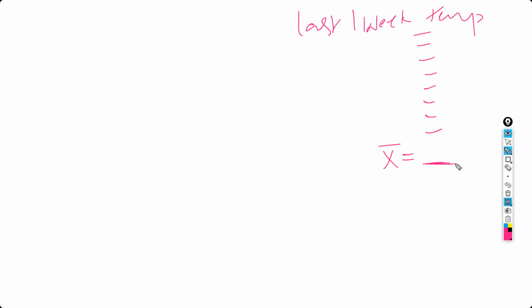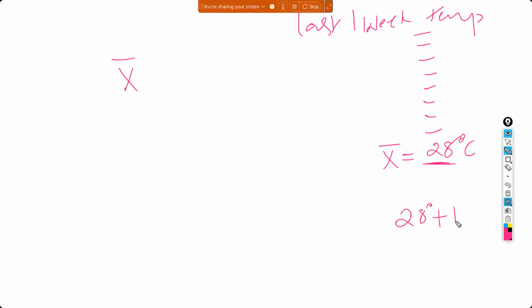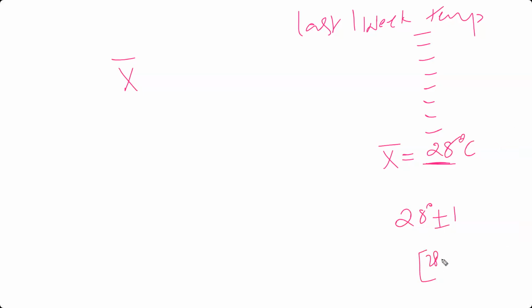But you should never estimate a single value. For example, if the average is 28 degrees, instead of a single value you add some error, plus or minus 1, and you get 28 minus 1 to 28 plus 1, which is 27 to 29.